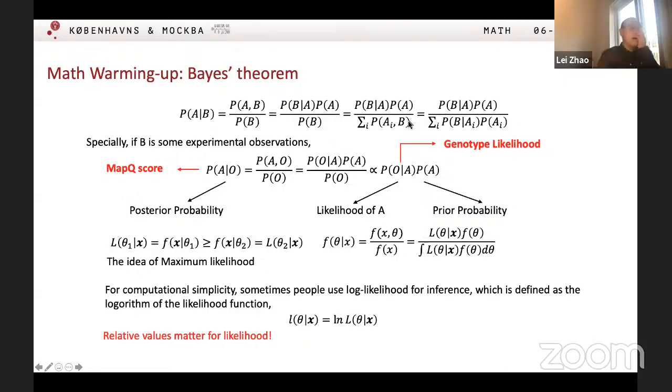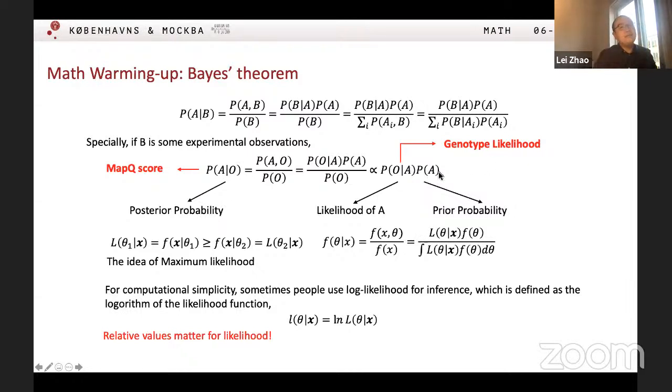Specifically, if we treat B as some experimental observation, like a bunch of base calling read data from a specific site, we can calculate this kind of posterior probability.